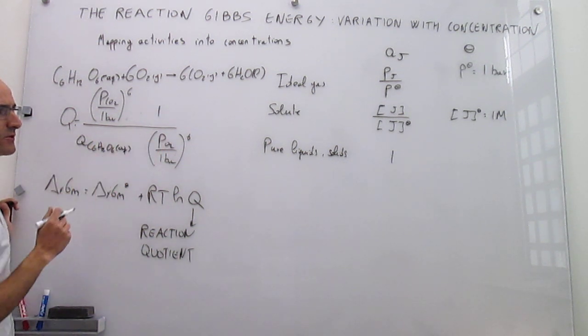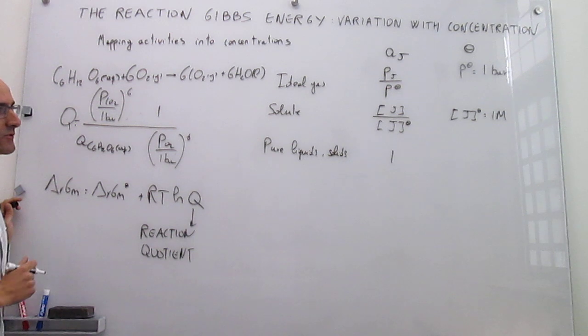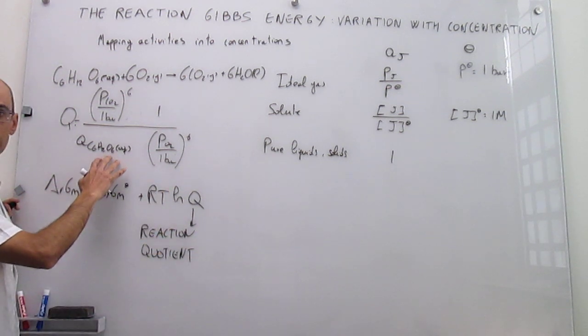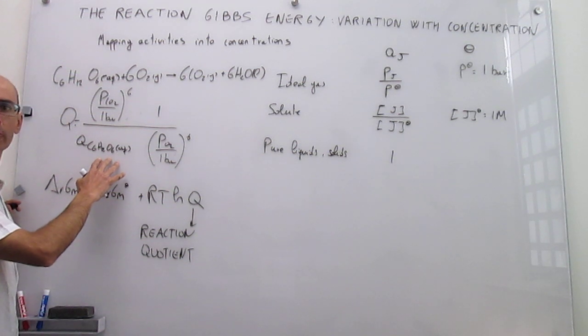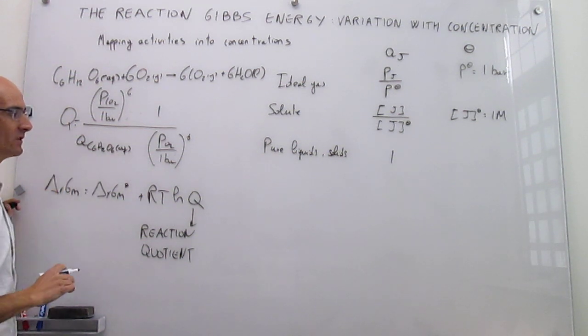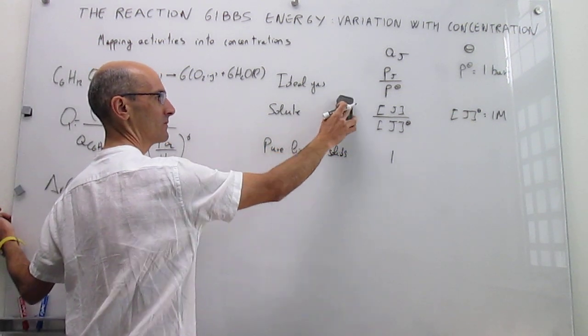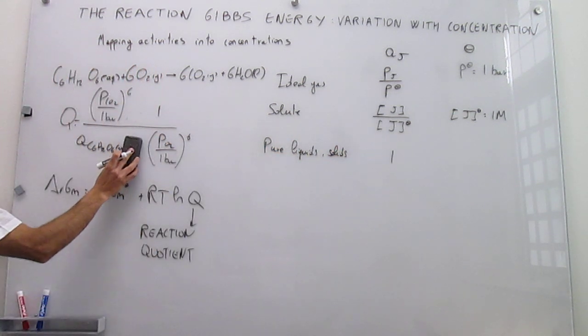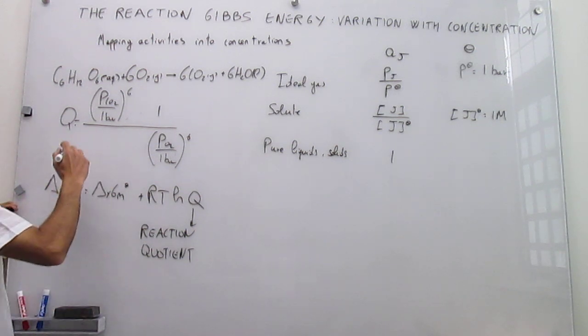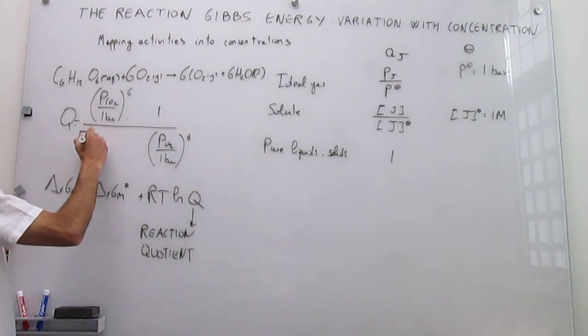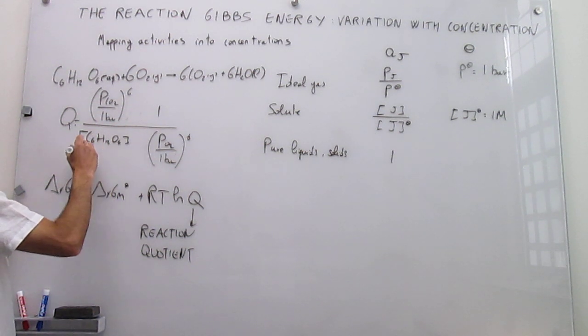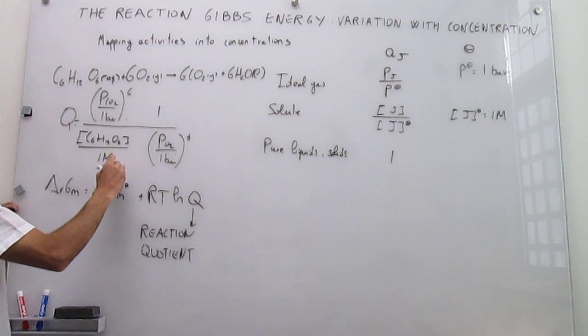And now we have to map it into an effective measure of concentration. If this concentration is small, and we're working under ideal dilute solutions, and we're always going to be working on those conditions, then we can simply replace it by the molar concentration of that glucose over the molar concentration of the standard state. So that simply turns into C6H12O6, that molar concentration, divided over 1 molar.